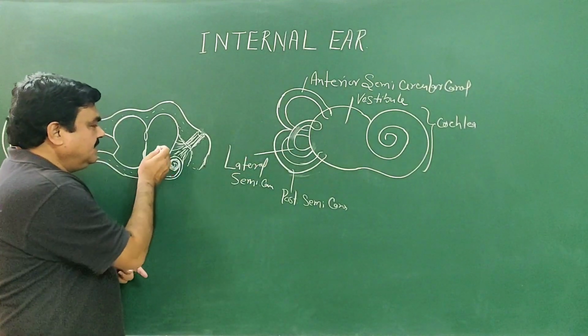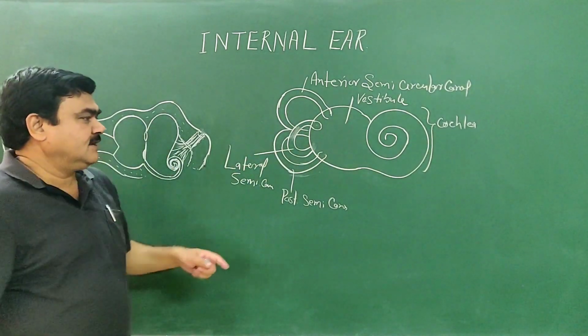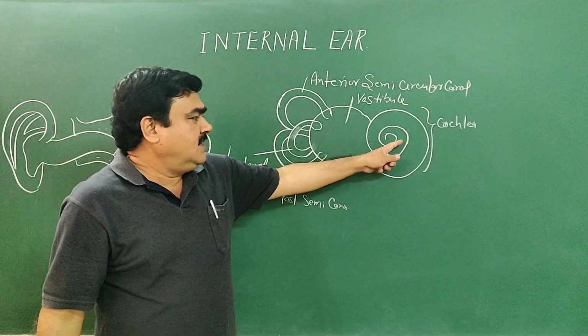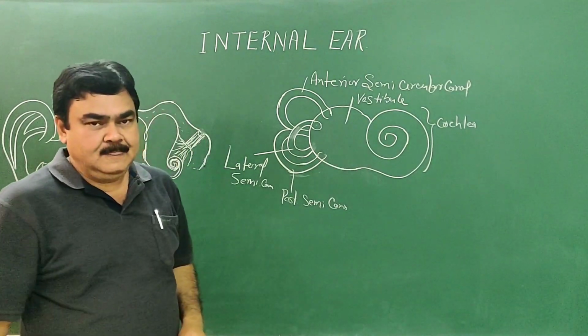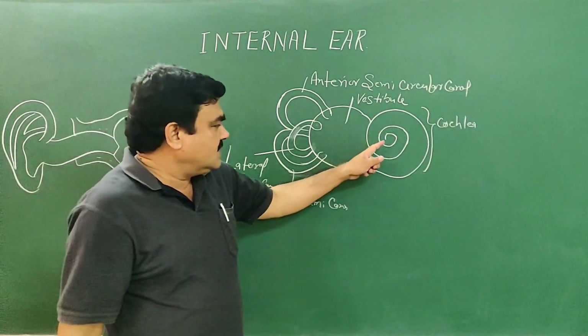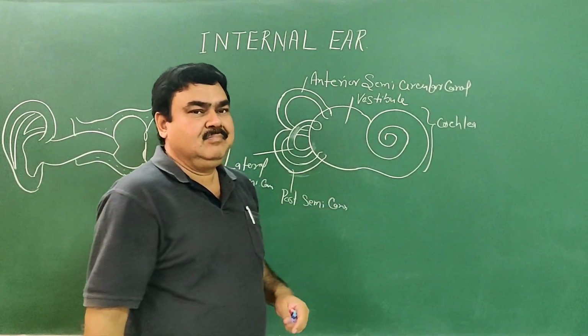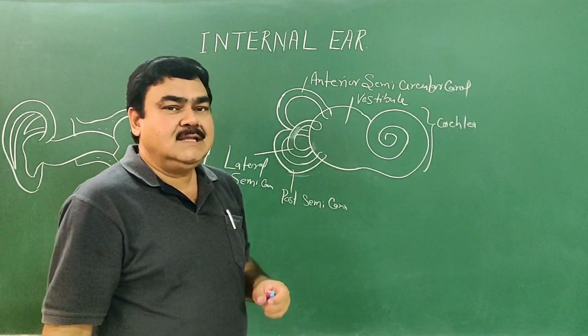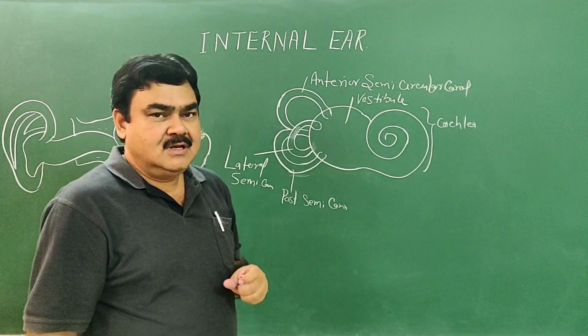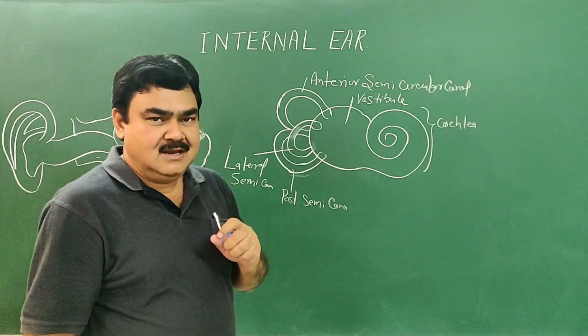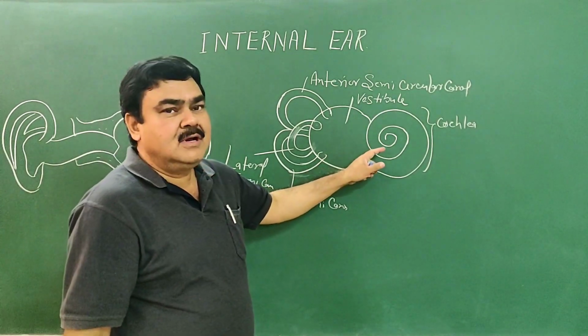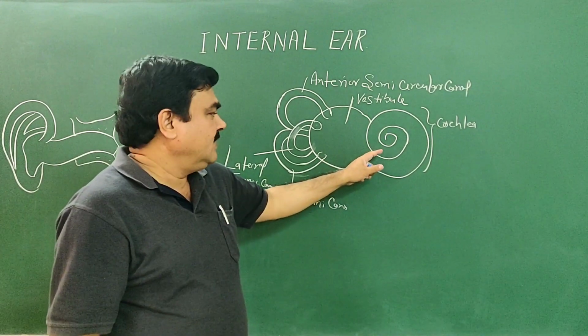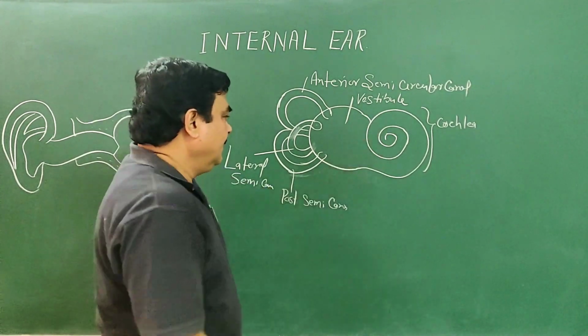So the cochlea is the anterior most structure. If you see the shape of the cochlea, it is like the shell of a common snail. It is snail-like.